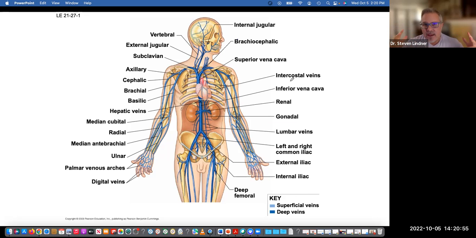But even though the names may be similar, the thinking from a functional perspective has to be distally moving to the core. So from the head, we start at the top and we have to drain blood back into the heart. It's got to find its way into the brachiocephalic, into the superior vena cava.